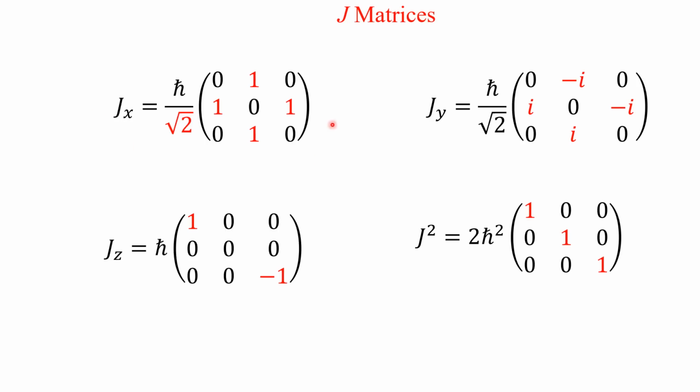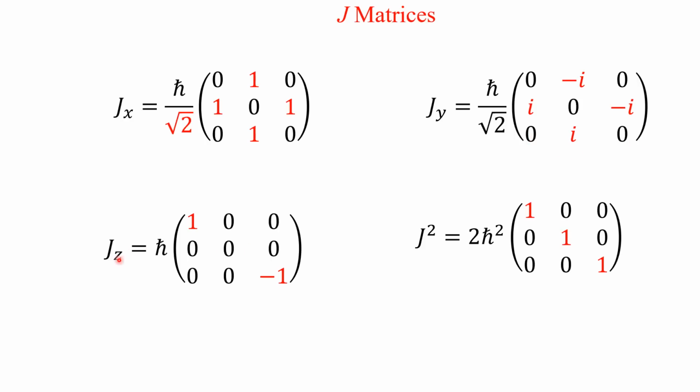So these are the angular momentum matrices. Just now we have derived Jx is equal to h cross over square root of 2, 0 1 0, 1 0 1, 0 1 0. Jy is equal to h cross over square root of 2, 0 minus i 0, i 0 minus i, 0 i 0.